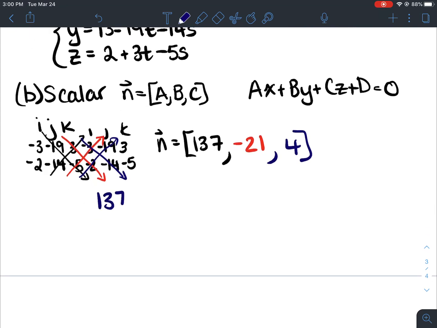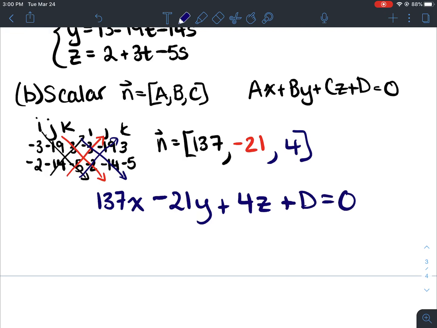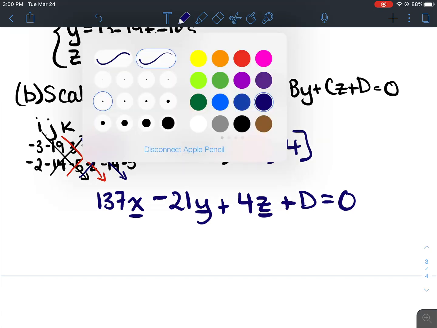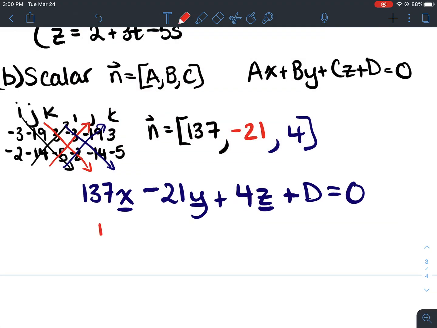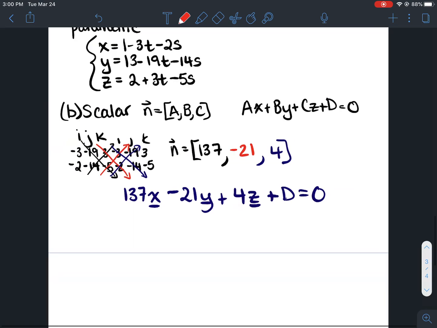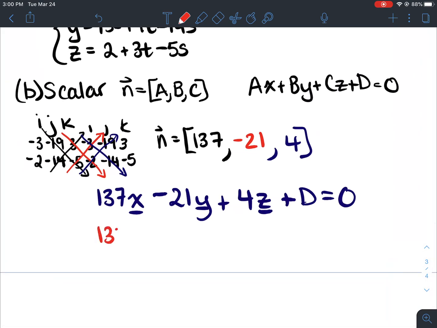So now we know 137x minus 21y plus 4z plus d equals 0 is the scalar equation of our plane. And to get d, we just sub in any points for x, y, and z. And we were given 3 points at the start of this question. So why not just sub in any one of those points? So I'm going to pick point A. So 1, 13, 2.